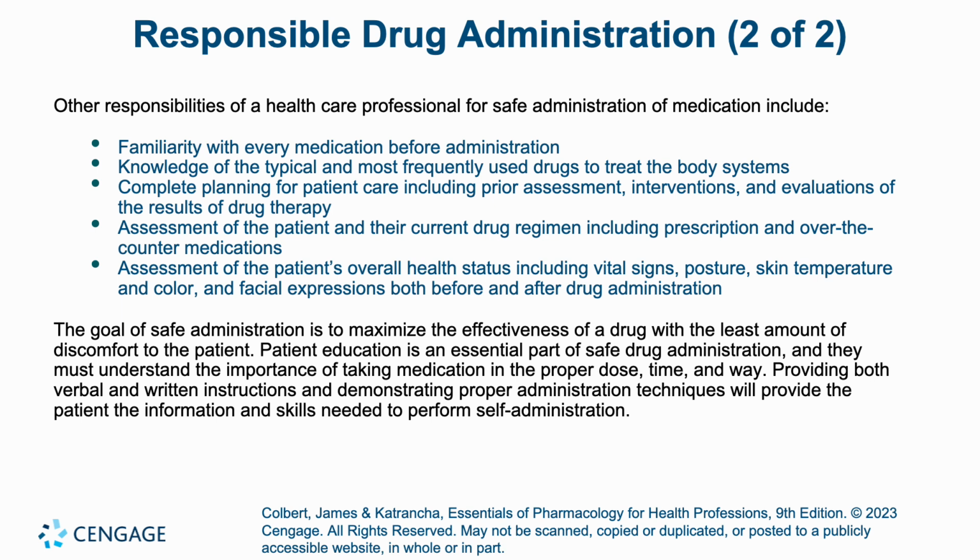And so you want to be aware of the typical and most frequently used drugs for specific body systems and specific ailments. But there is also, when you're working, you might be in a specialty unit. And so you will know in that case what are the typical drugs used for your specific specialty. So for example, labor and delivery.